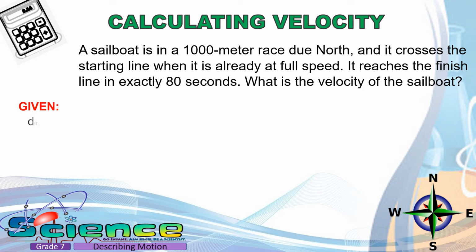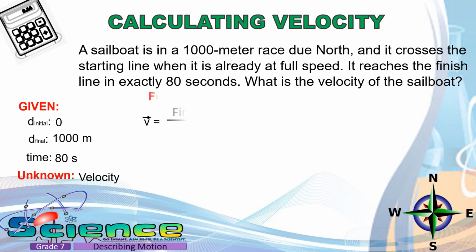In this case, we have 0 as the initial position because the sailboat is at rest, and 1,000 meters as its final position. We also have 80 seconds as the time. Our main task is to find the average velocity of the sailboat.